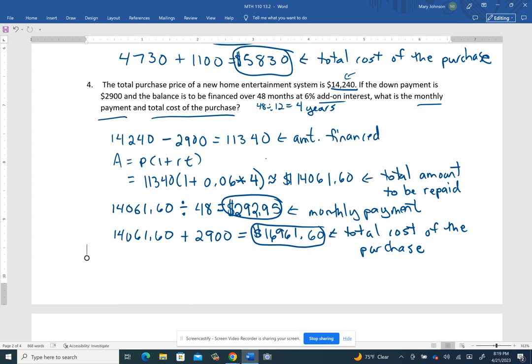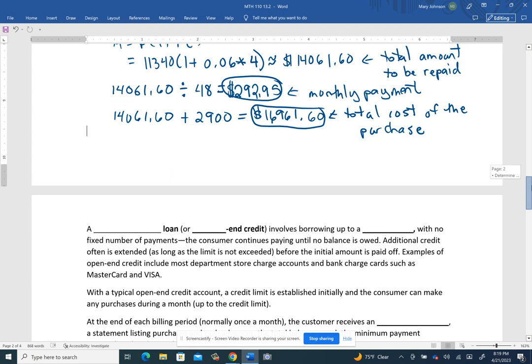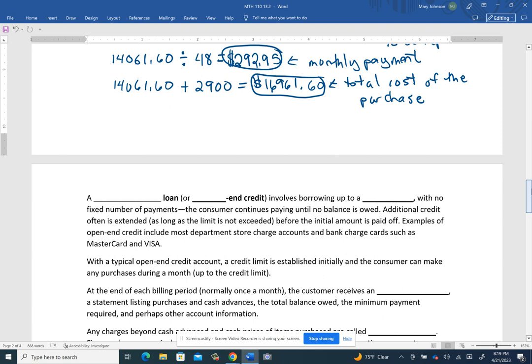Now the rest of the paper is going to go through the idea of a revolving loan, or open-end credit. I filled all that in. Oh, I thought I filled it in on the one that you see here.